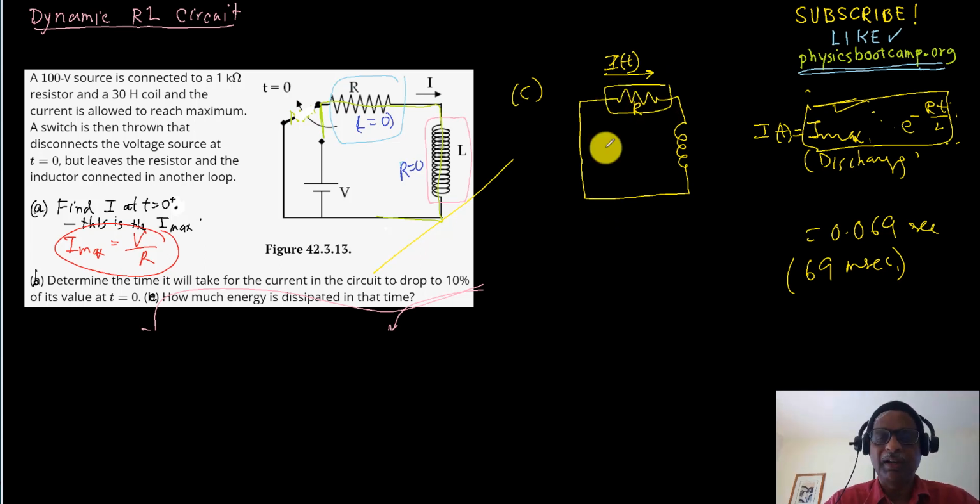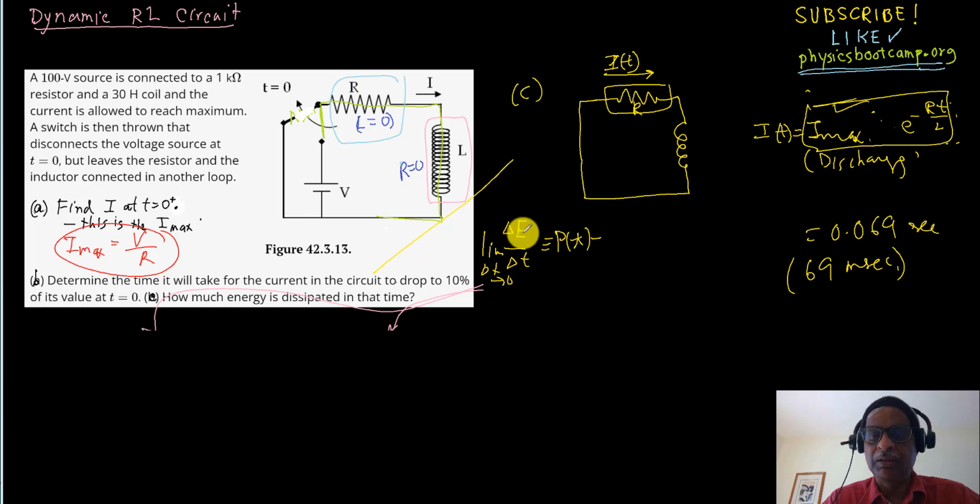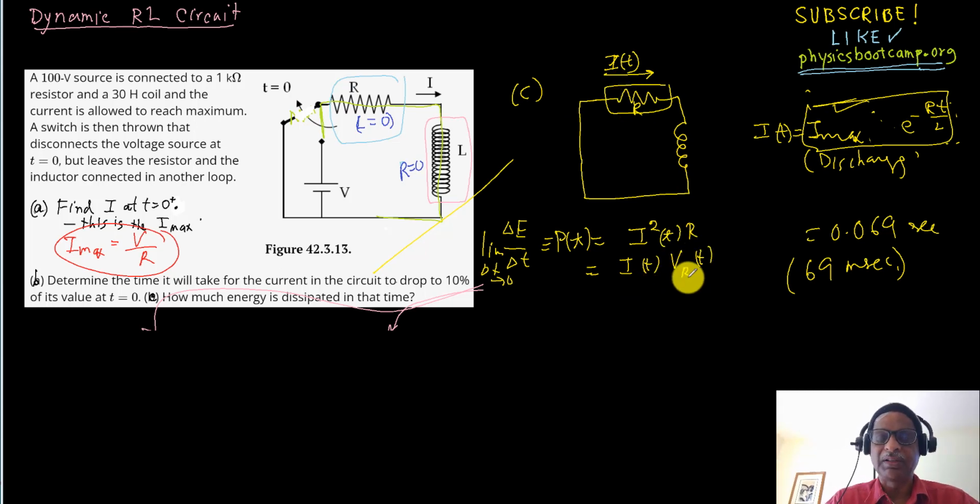So you might remember that power is the rate at which energy is getting dissipated. Power equals I squared R, or you can just say I times the voltage drop across the resistor.